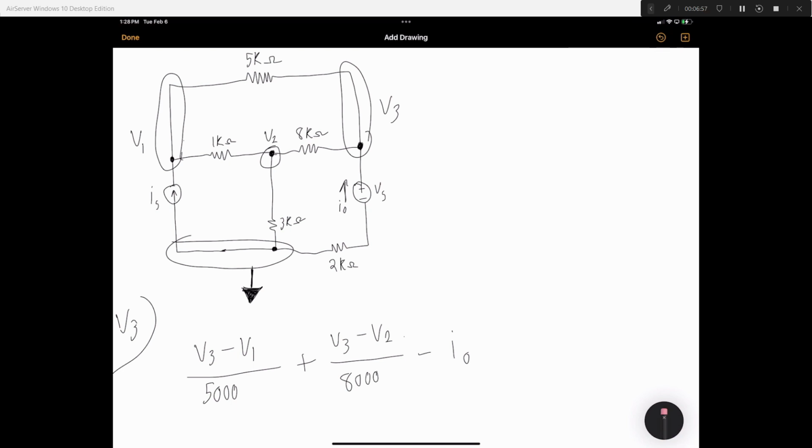Maybe you would express it as V sub 3 minus Vs. We're assuming that the voltage Vs that this current is entering, because the current is entering I sub 0.